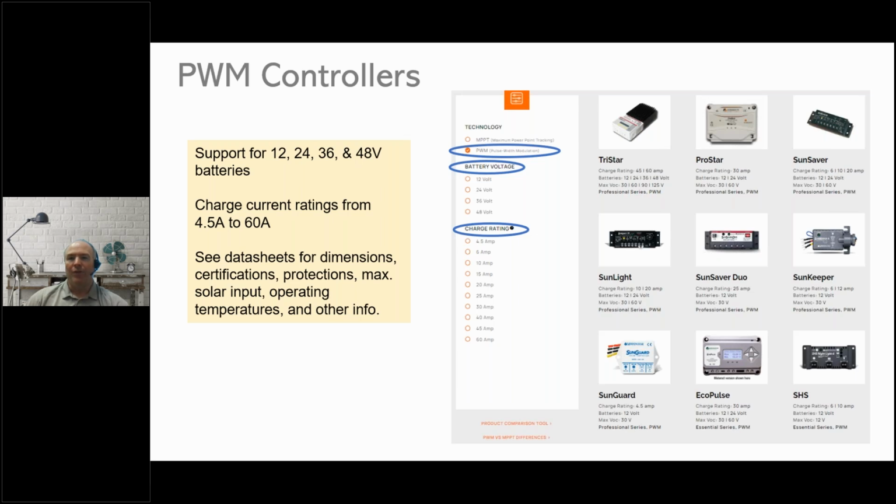You can filter further by battery voltage and charge current ratings. For more detailed information about dimensions, certifications, protections, maximum solar inputs, operation temperatures, model numbers, and more, you would just click on any of the displayed products and check out the web page content, as well as the data sheets, operation manuals, and videos.